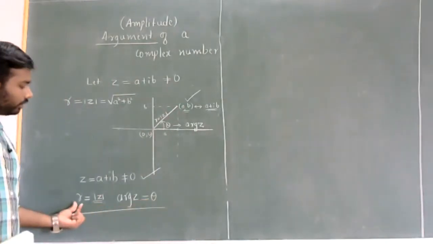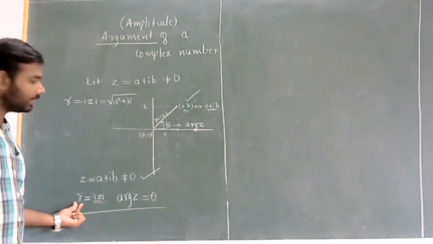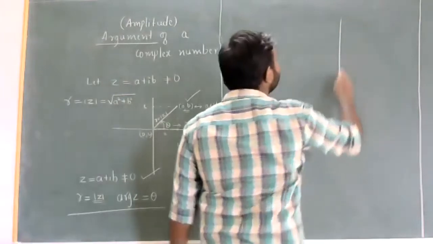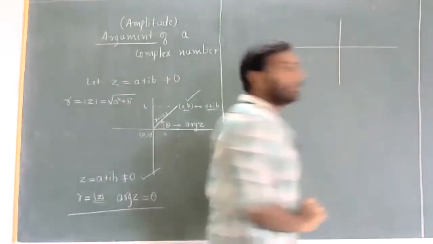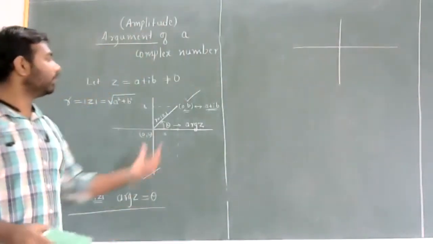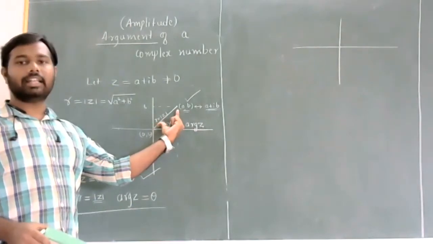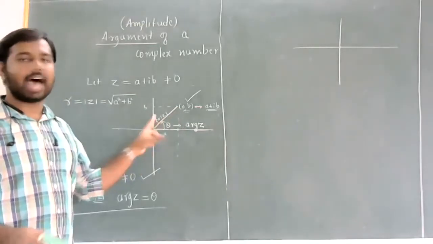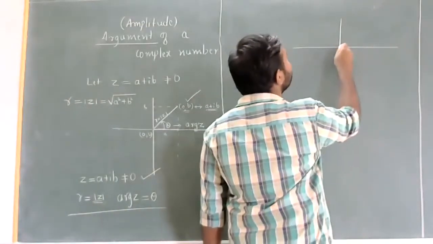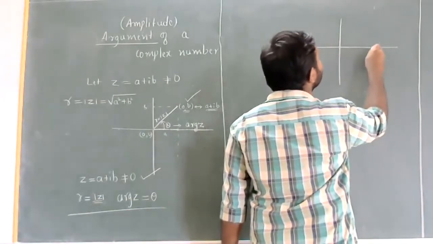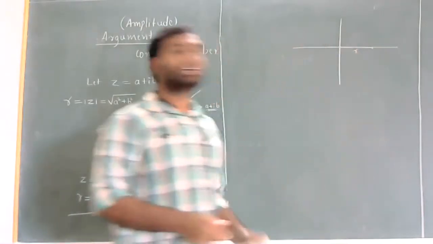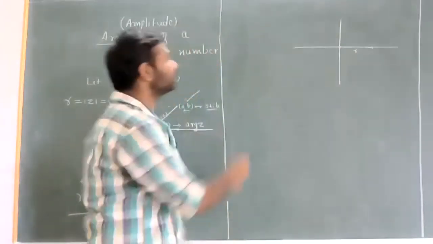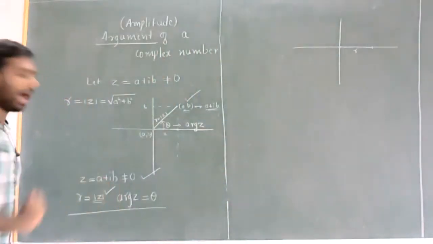Now, if I know the modulus of Z and argument of Z, then can I mark the point? First, I'll need a line of length r from origin. So mark a line of length r on the positive real axis. So first I use r.